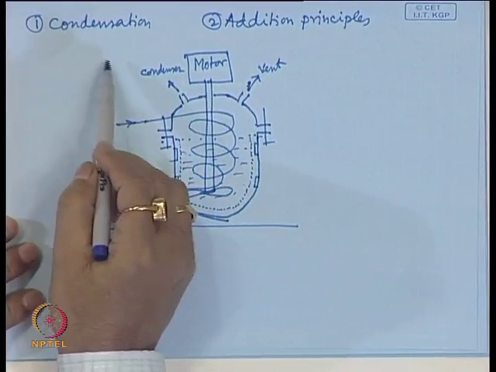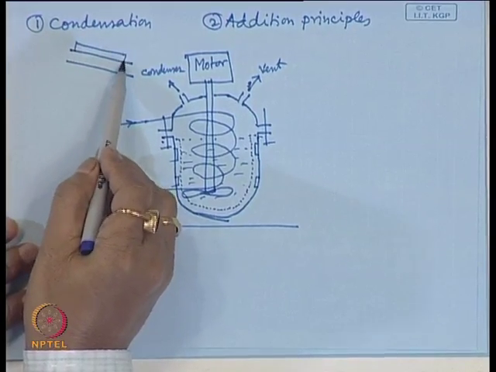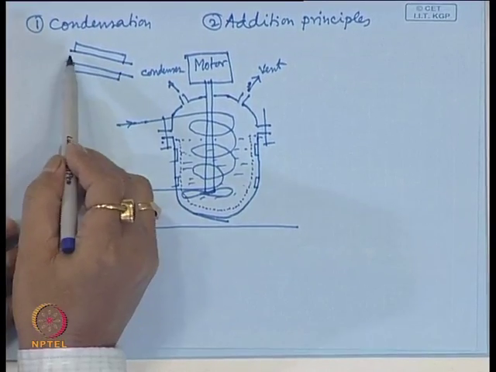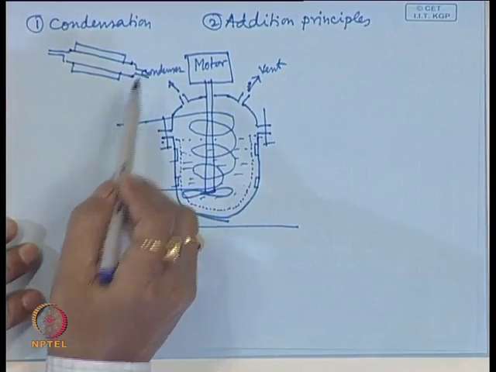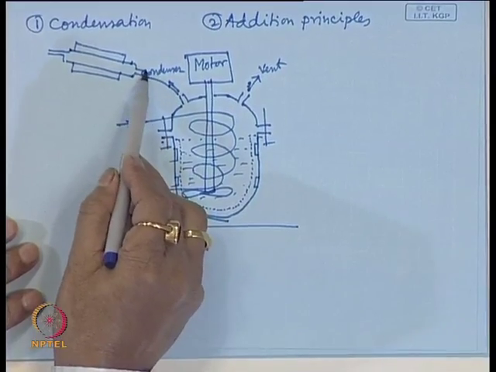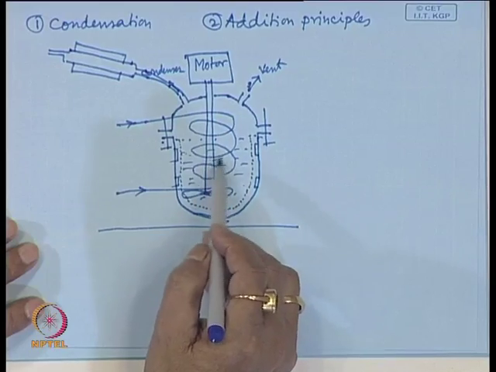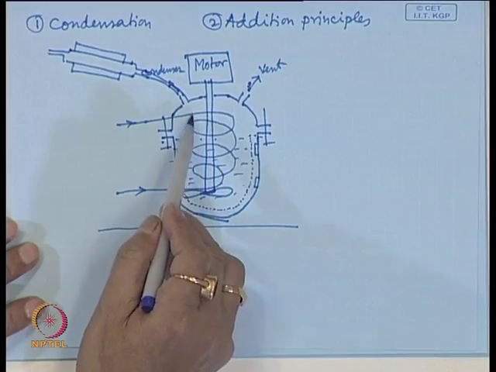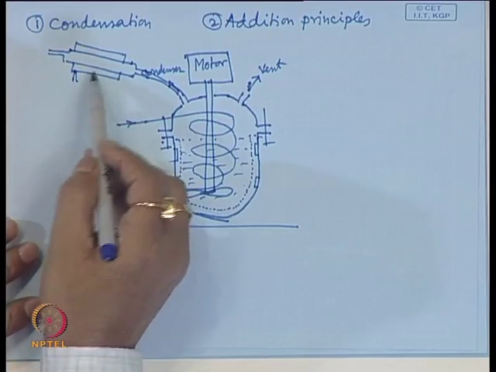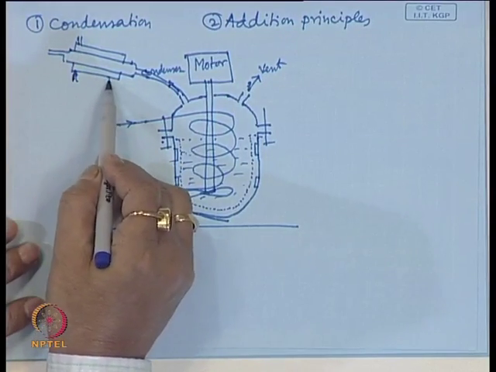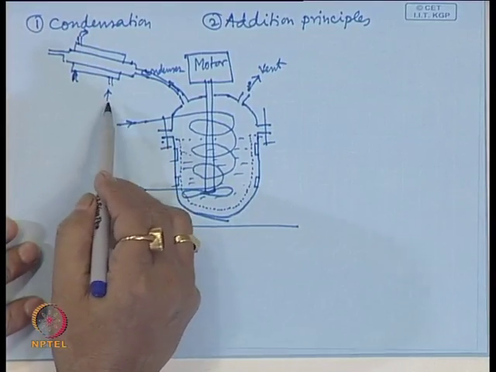Suppose there is a condenser like this. This condenser is connected to the reactor, which contains the solvent. The temperature becomes high, so the solvent evaporates and goes to the condenser, and through the condenser some coolant is passed.